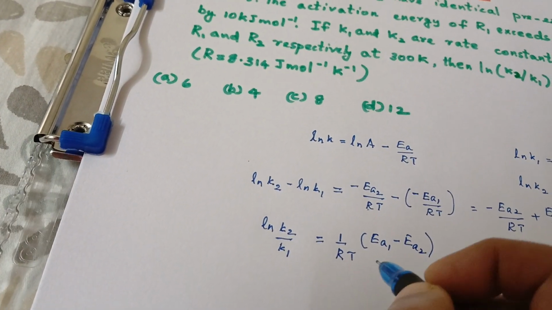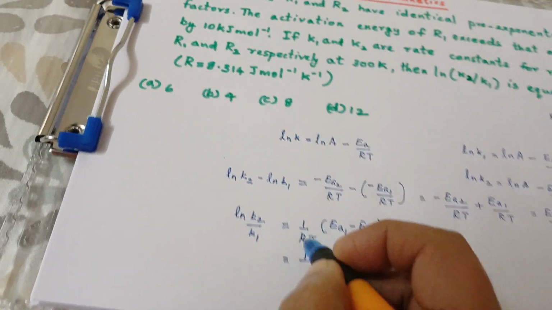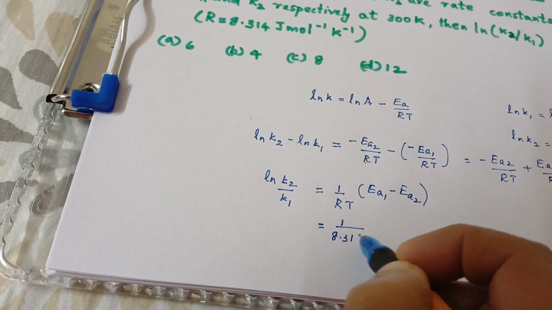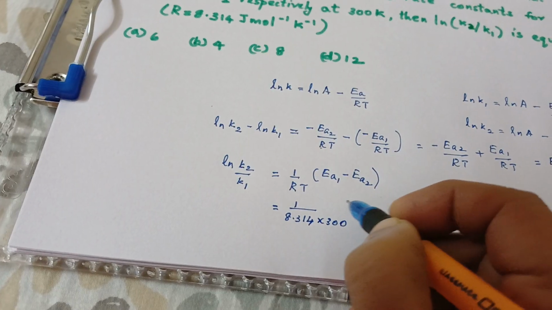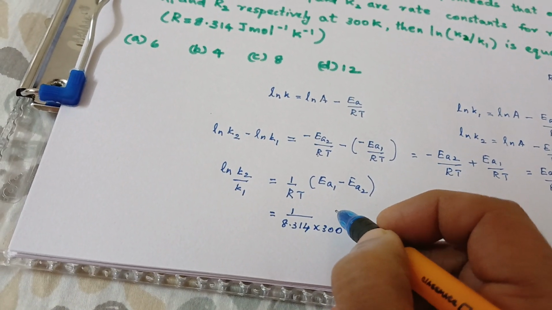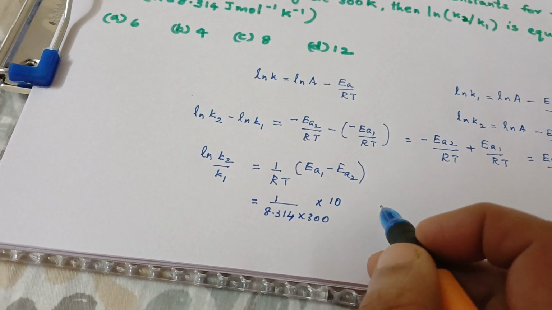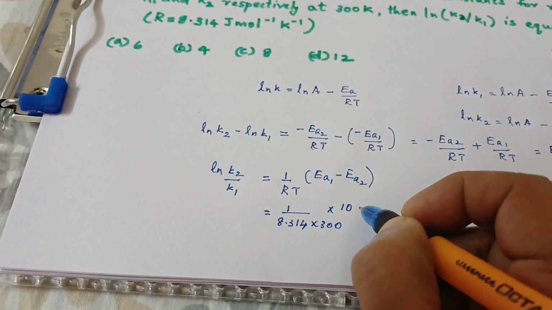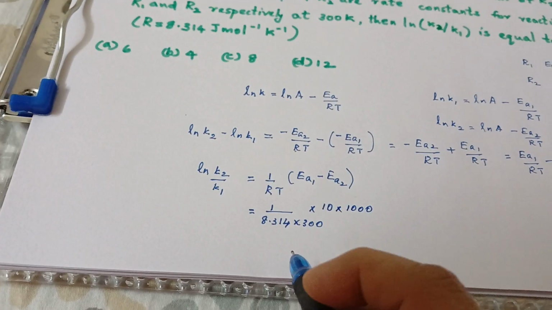So let us substitute the values. 1 by R, universal gas constant, is given as 8.314 into temperature 300 Kelvin into EA1 minus EA2 is 10 kJ per mole. But the gas constant is in joule per mole, so we will multiply this by 1000 and make it in joules.